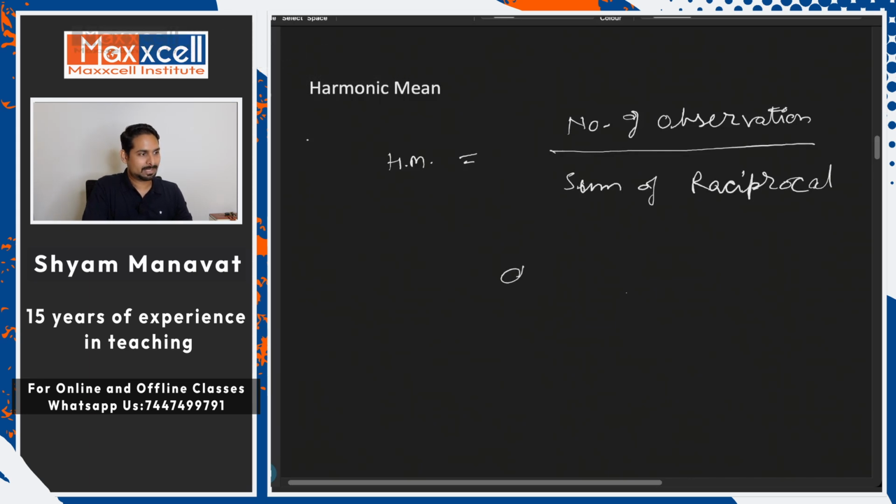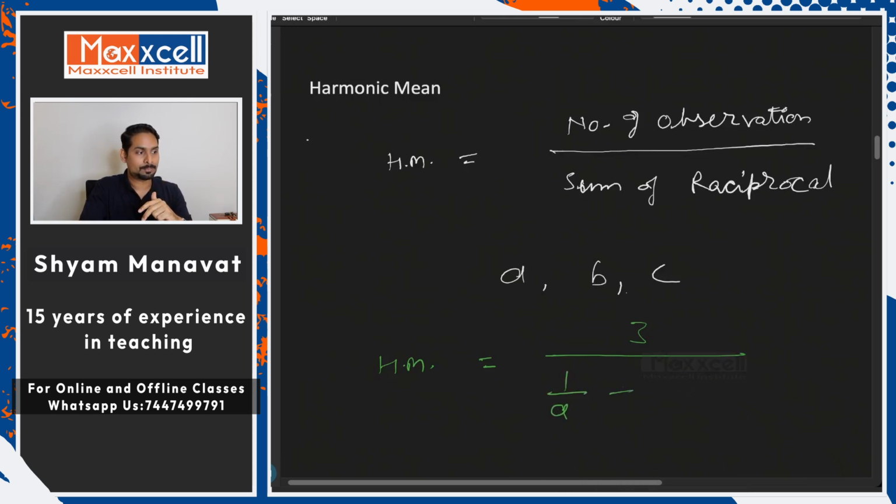Let's take one example. Let's say you have A, B, C as observations, the values, right? And if you need to find the harmonic mean of that, what will you do? Number of observations. How many values are there? There are 3 values, right? Divide by the sum of its reciprocals.